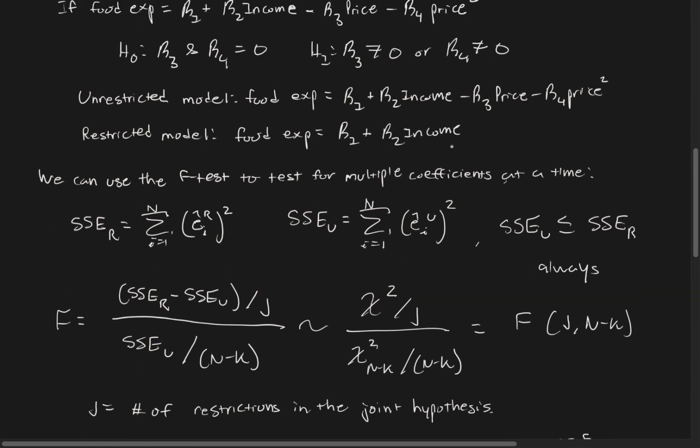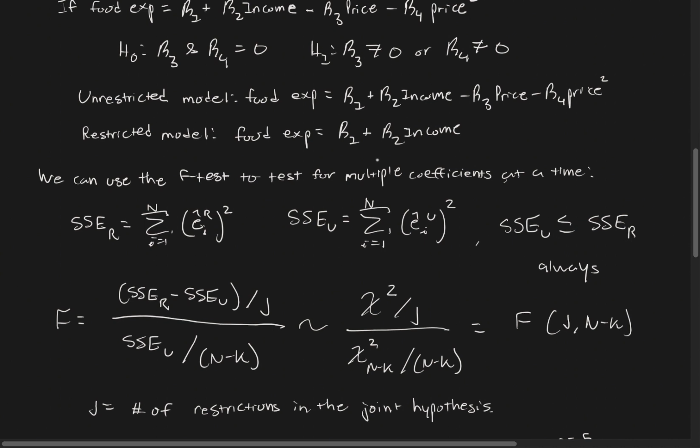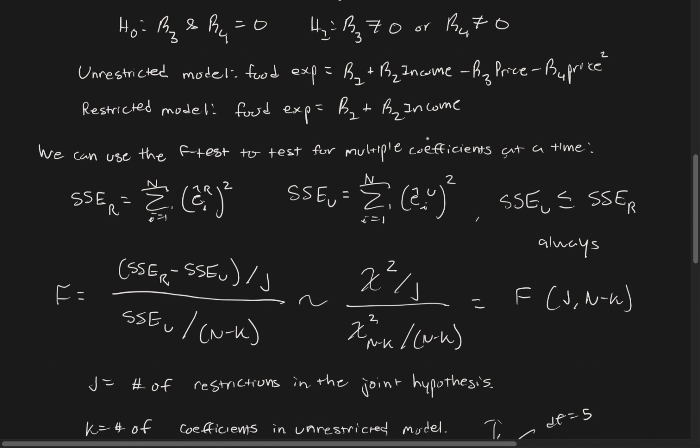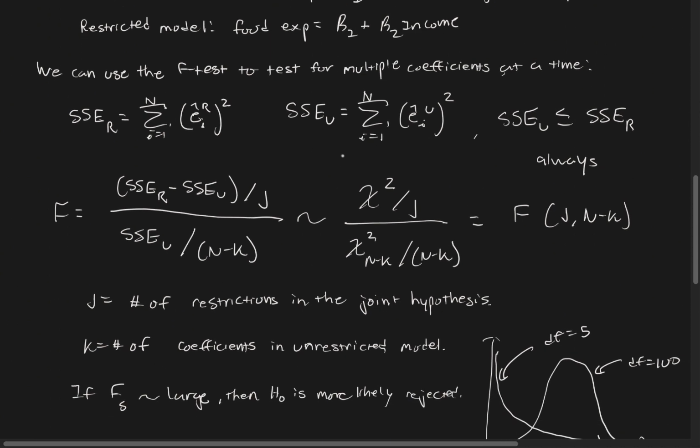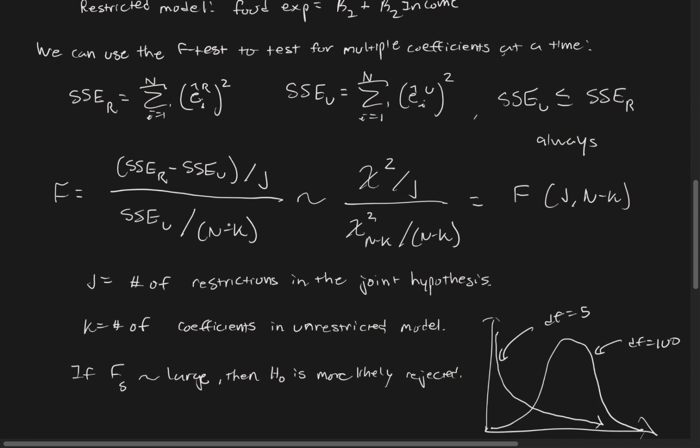In this case, our number of restrictions is 2, because beta 3 and beta 4 are restricted in our model. And then all of that is divided by the sum of squared error of our unrestricted model, the whole function, divided by the degrees of freedom, so n minus the number of coefficients in the unrestricted model. That is key.